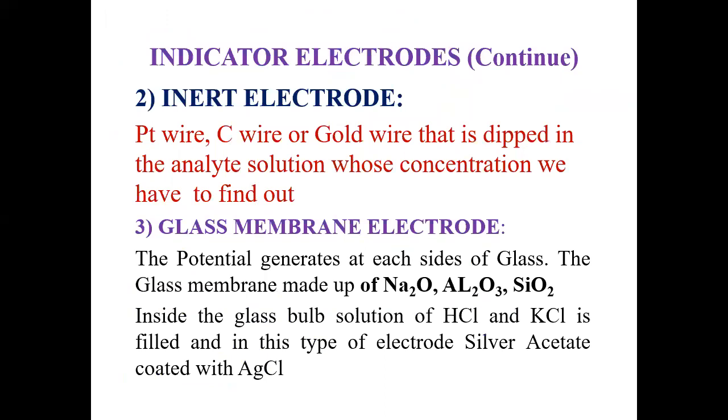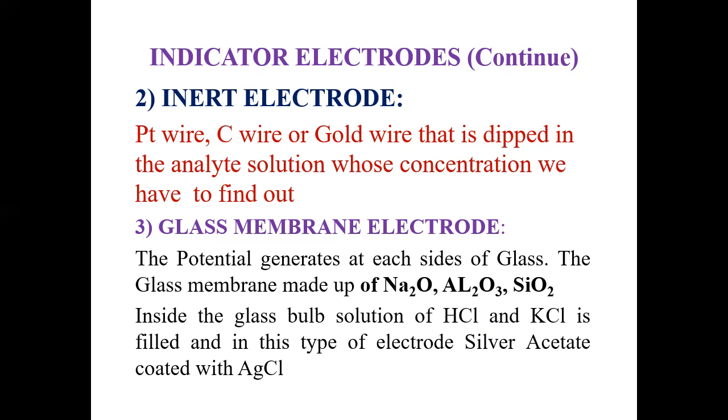Second type of indicator electrode is the inert electrode. In the inert electrode, we use platinum wire, carbon wire, or gold wire that is dipped in the analyzed solution whose concentration we have to find out. Third type is the glass membrane electrode. The potential generates at each side of the glass.